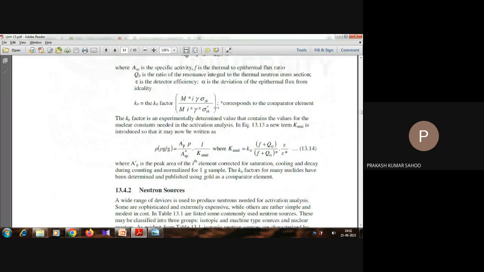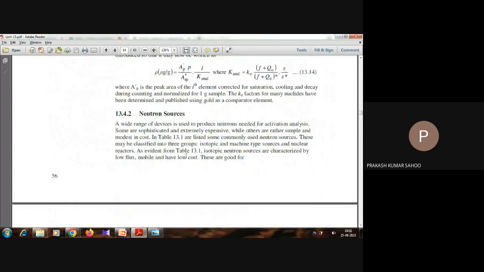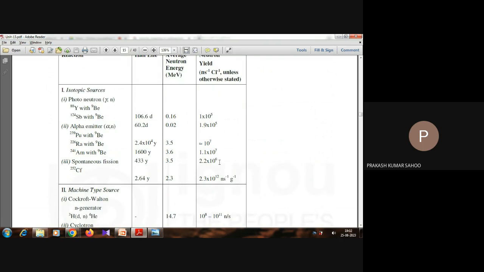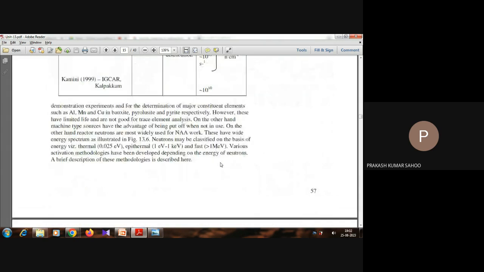Then we have some factors, and the neutron sources: photoneutron from yttrium with beryllium 9, or antimony 124 with beryllium 9. We have the half-life period, average neutron energy in mega electron volt, and neutron yield. So just go through these things.